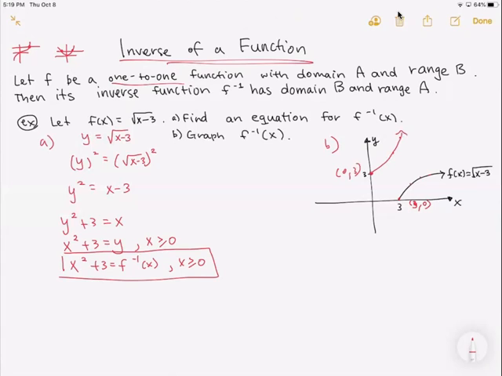And you can tell that this graph is reflected over the line y equals x. So we just graphed the inverse function of f of x, which is x squared plus 3, where x is greater than or equal to 0.